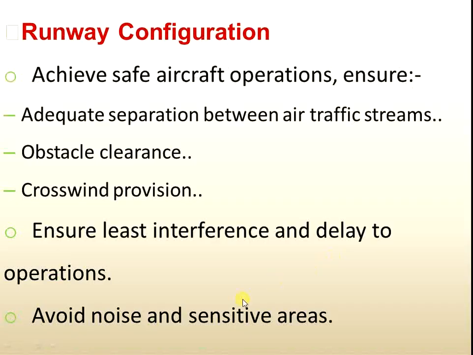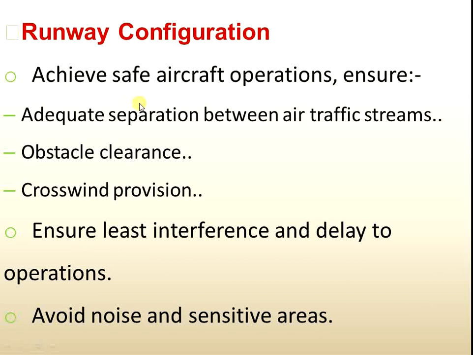Next, the various runway configurations to achieve safe aircraft operation ensure, first, adequate separation between air traffic streams. Second, obstacle clearance. Third, crosswind provision. We have to provide separation between the aircraft streams, and also minimize or clear obstacles.